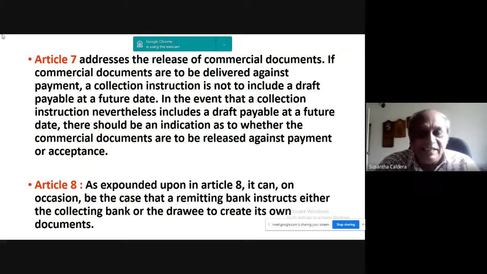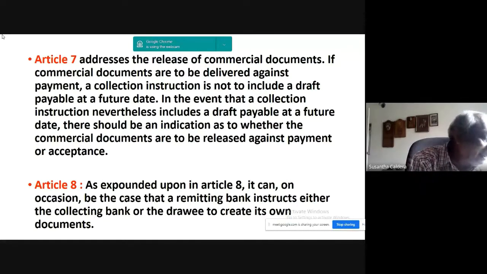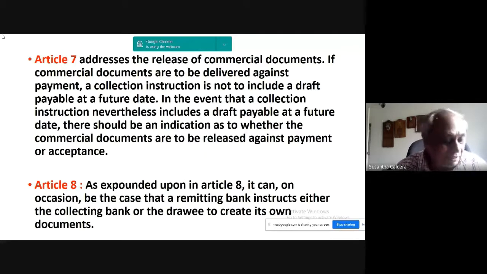Then Article 8, creation of documents. As expounded upon in Article 8, it can on occasion be the case that the remitting bank instructs its collecting bank or drawee to create its own document.